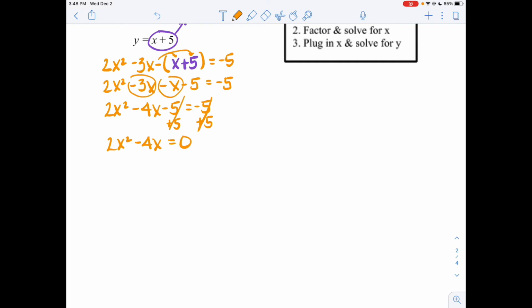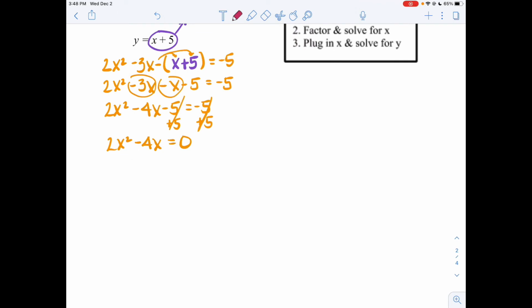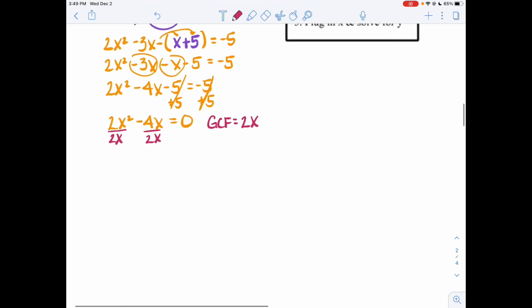I notice that I have a greatest common factor here, and remember that when we're dealing with quadratics, the first thing you want to do is look for a greatest common factor. I see a GCF of 2 and an x, so I want to factor that out in order to make my job a little easier. So let's divide by 2x on the left-hand side. I'm just factoring it out.